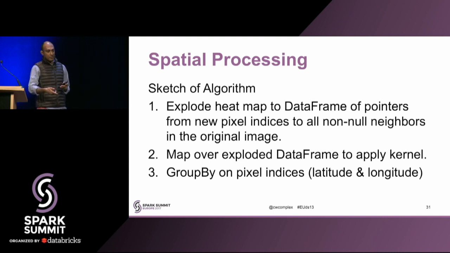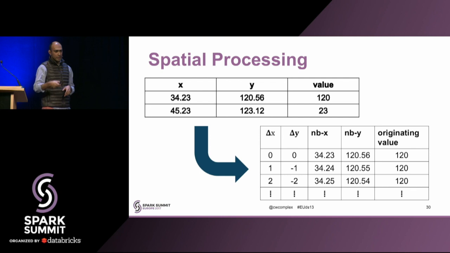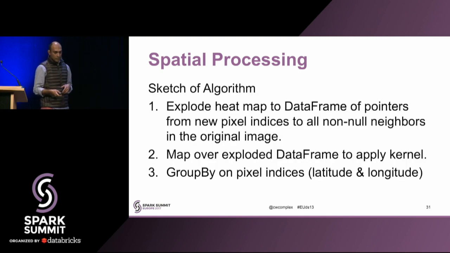And after that it's pretty simple. We just do a kernel application by doing a map, grabbing the offsets, putting them into the kernel matrix, multiplying with the original value, and then grouping by, so that the group by is the sum.